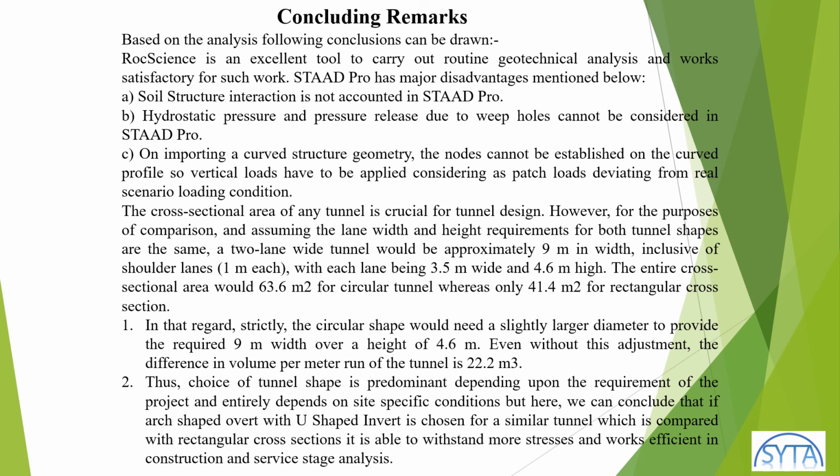So I conclude that the choice of tunnel shape is very predominant depending on the requirement of the project, and that entirely depends on the site-specific conditions. But here we have concluded that if an arc-shaped overt with a U-shaped invert is chosen for a similar tunnel compared with a rectangular cross section, it is able to withstand more stresses and work efficiently in construction and service stage analysis.